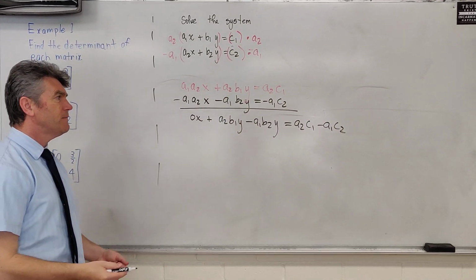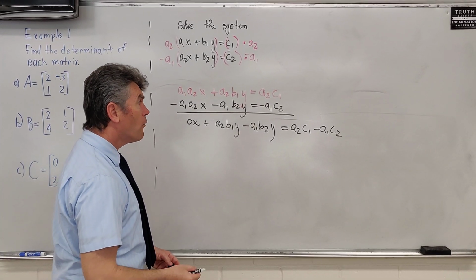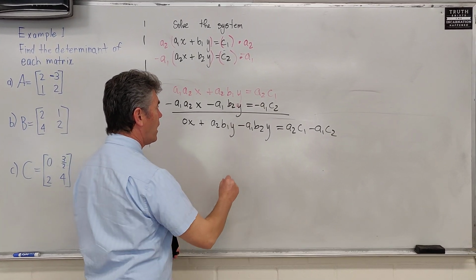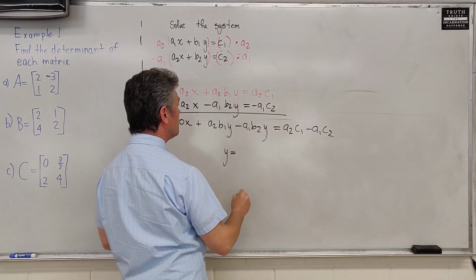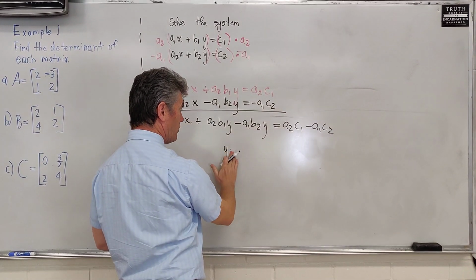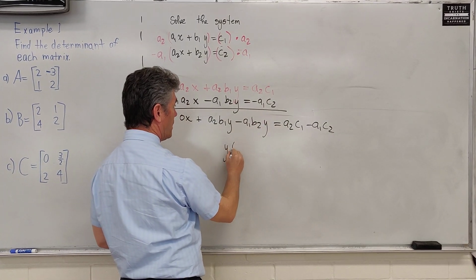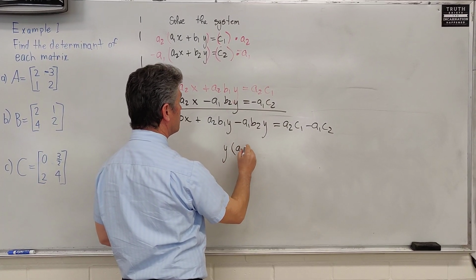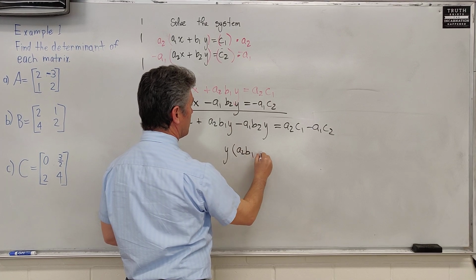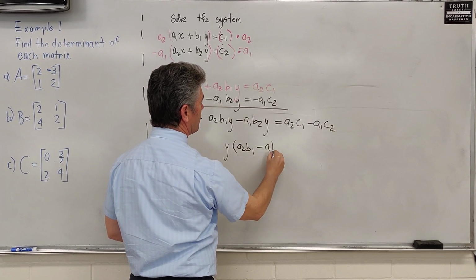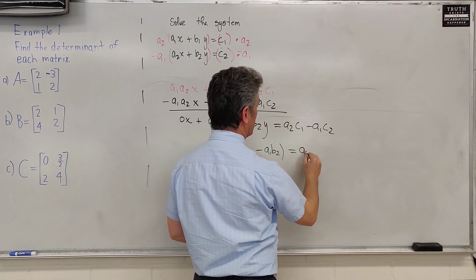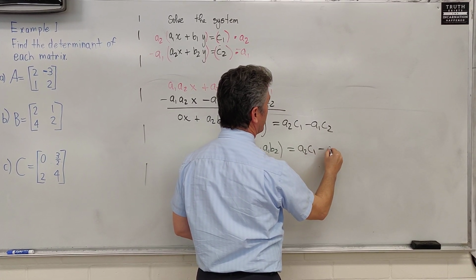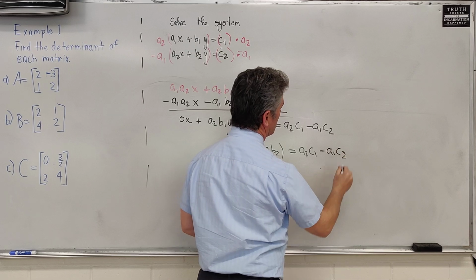So it's not pretty. What we're going to do next is factor the y. This is y times a sub 2, b sub 1 minus a sub 1, b sub 2 is equal to a sub 2, c sub 1 minus a sub 1, c sub 2.